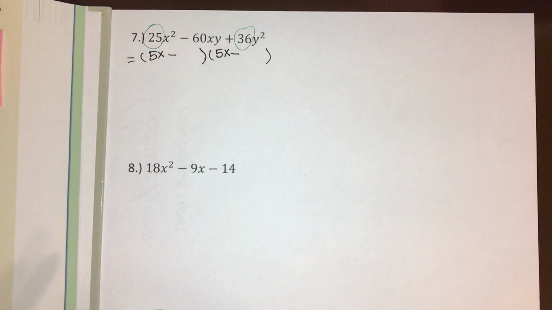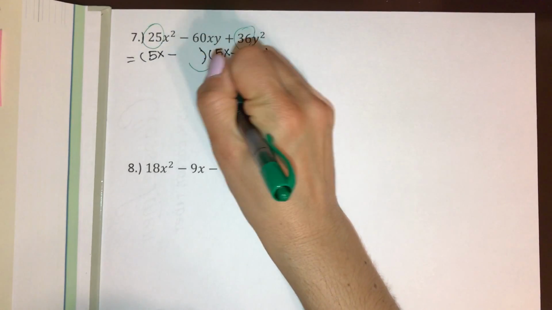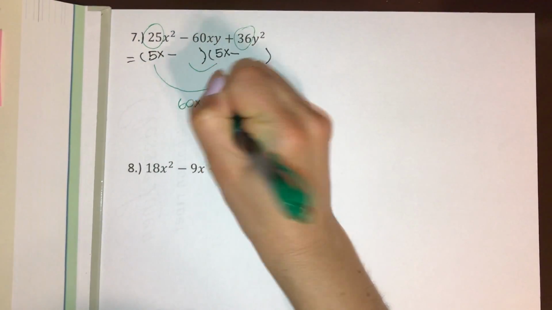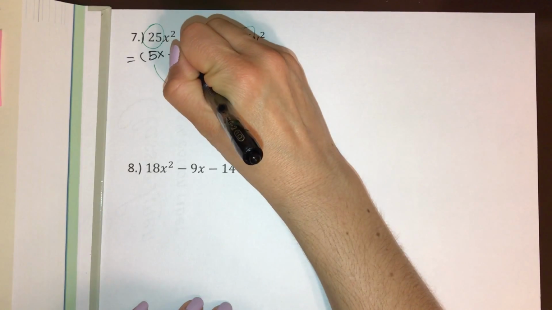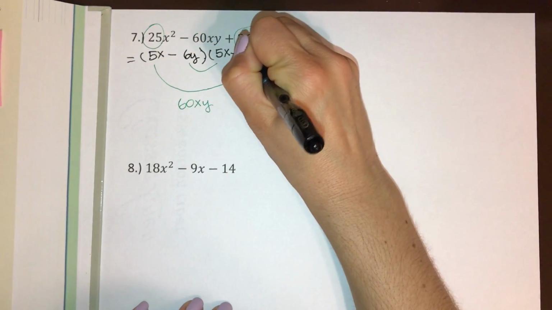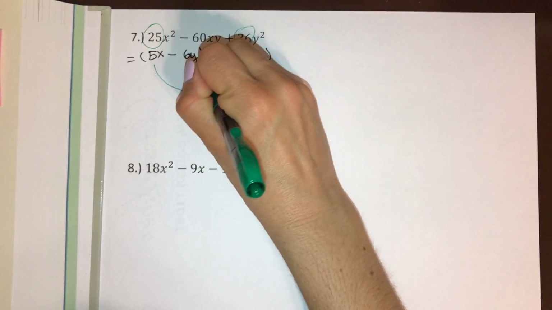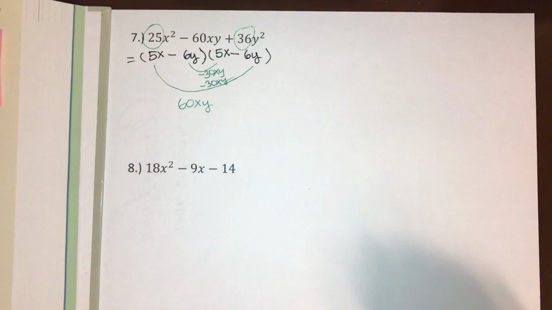And then factors of 36, 36 has many factors, but remember we have to get 60 when you multiply inner and outer. You need to get 60xy. And so the only way to get 60 is to use 6 and 6. And let's make it 6y for both, so we get y squared. So quick check, we get negative 30xy, negative 30xy, and that gives us negative 60xy.